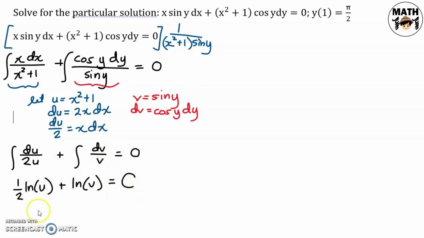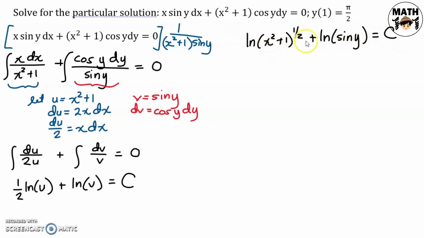So, sulat lang natin siya as constant c instead of ln of c. Substituting u equals x squared plus 1 and v as sin y. And gawin na natin exponent si 1/2, ln of x squared plus 1 raised to 1/2 plus ln of sin y, that is equal to c.